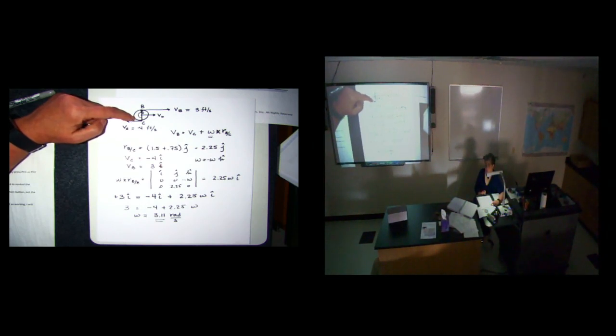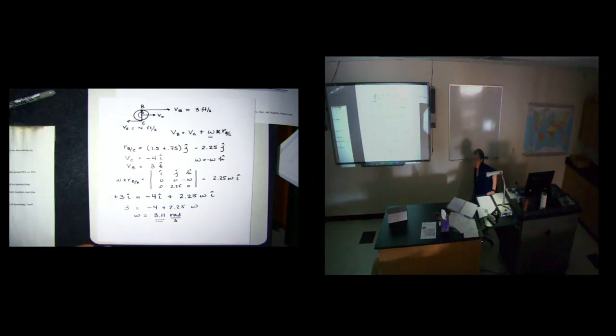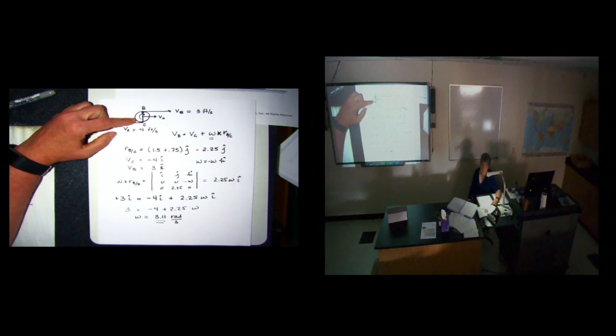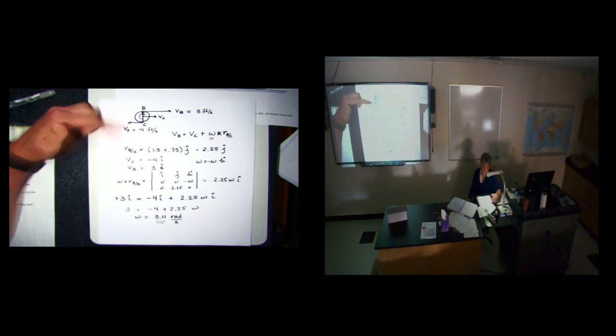Now we know this is a minus 3.11 K crossed 1.5 J. You just work out the problem and you'll end up getting 0.667 in the I direction.